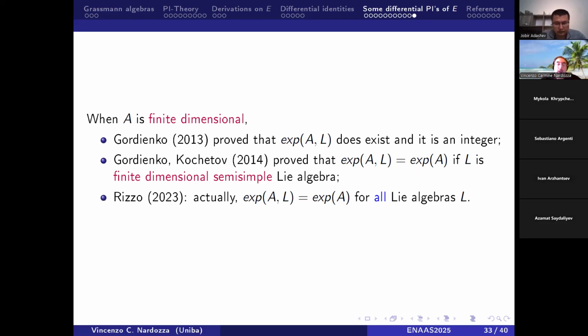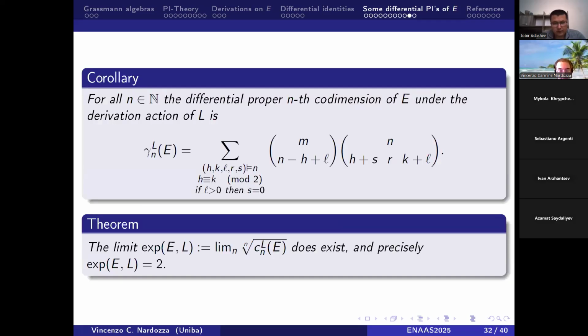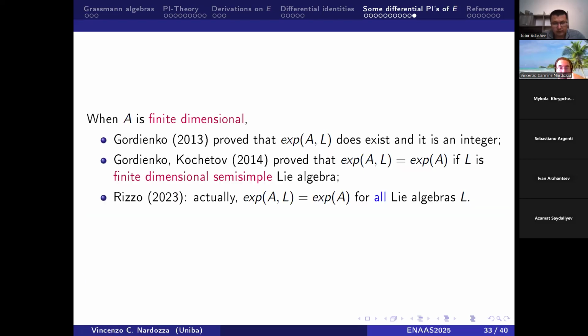Later, Rizzo in 2023 actually proved that it is enough when A is finite dimensional and L is any Lie algebra to have that the differential exponent and the ordinary exponent of A coincide. In our case, the difference is the fact that our algebra, E, is infinite dimensional. But all the same, this happens.